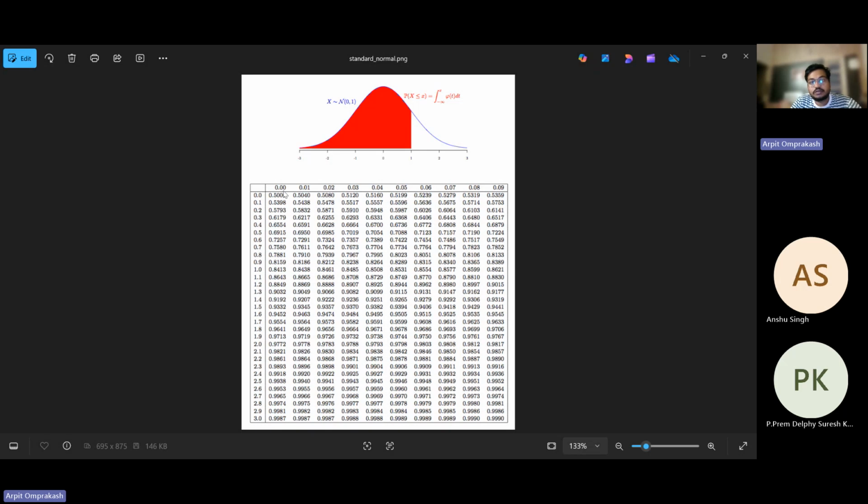And since the third digit is again 0, we'll take the first column here. So it's 0.9772. That is the probability value of Z being less than or equal to 2.00. So it's 0.9772.